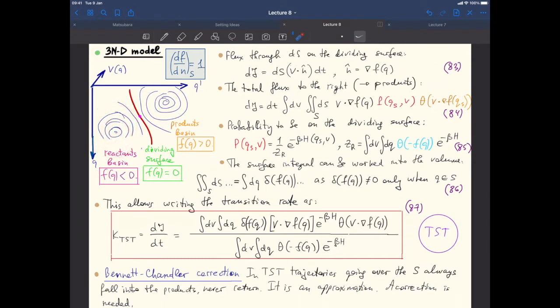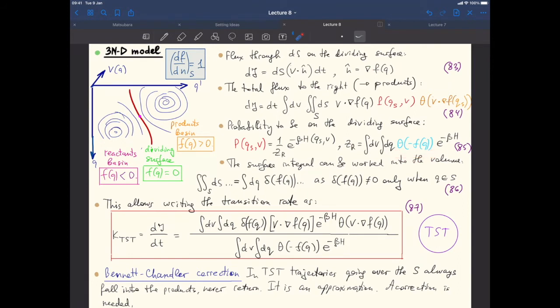And this is done by simply introducing another Heaviside function of minus the function f. So that function f is negative when it is in the reactant basin. So minus that function is positive, and therefore all the q values which correspond to this f function being in the reactant basin would be included.